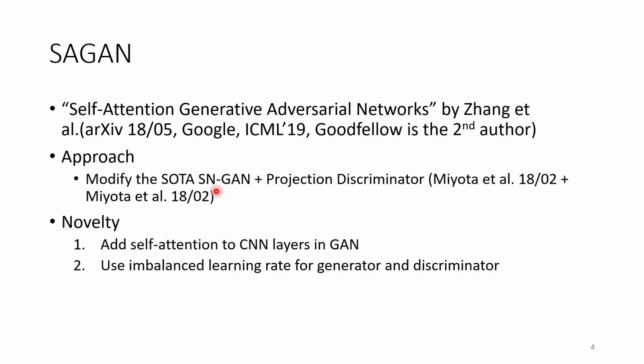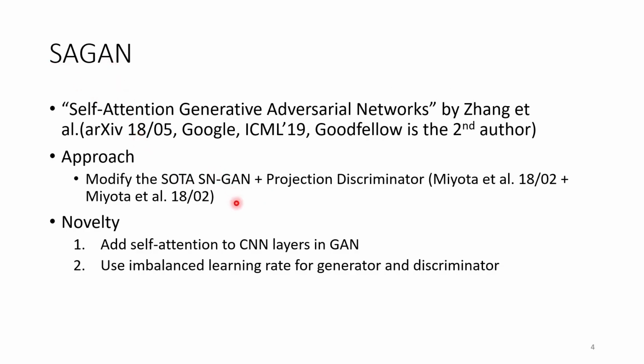Both papers were published almost at the same time, and from the same group. It's very interesting: they found a very useful way to improve the two parts of GAN. These were the state-of-the-art methods in early 2018.